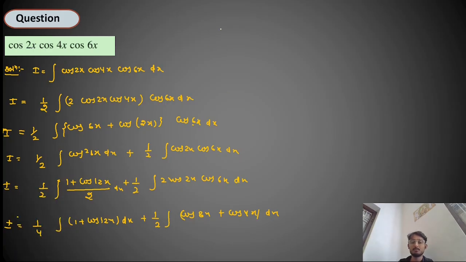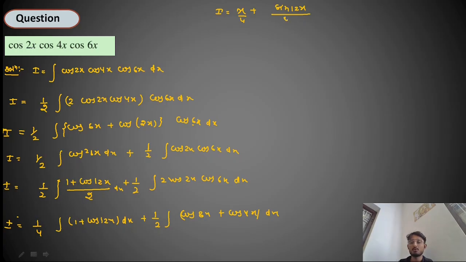The integration of 1 is x, plus integration of cos 12x equal to x upon 4. Here 1 by 4 is given. So here, integration of cos 12x equal to sin 12x upon the derivative of 12x, which is 12. So you will write 12 in the denominator, and here also is 4.